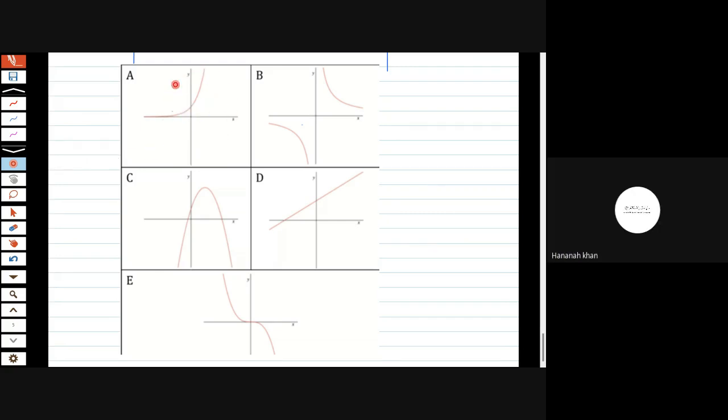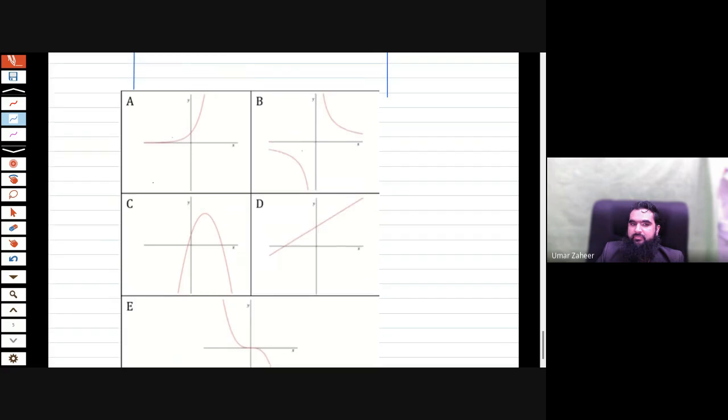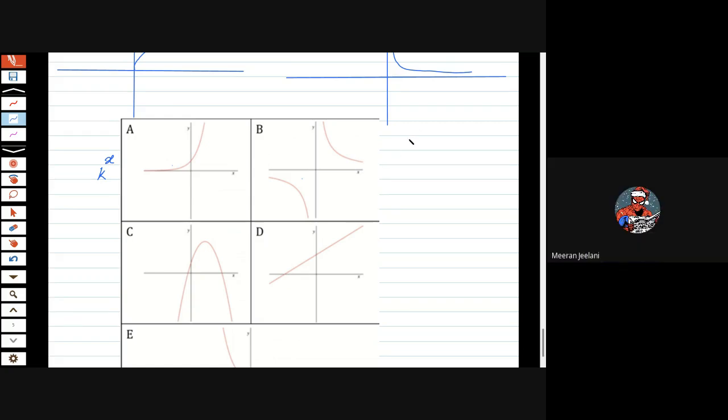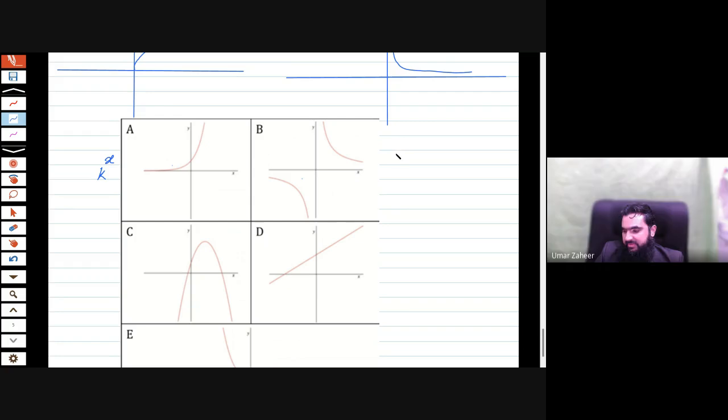Reciprocal. It is not exponential. In an exponential graph, you have a constant with some power in the variable. This one is reciprocal, and you have a positive constant divided by x. It may be 1 over x, 2 over x, 100 over x, we don't know.